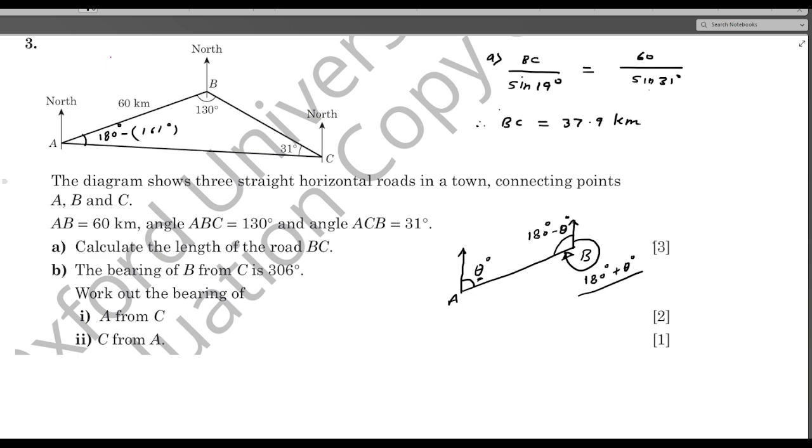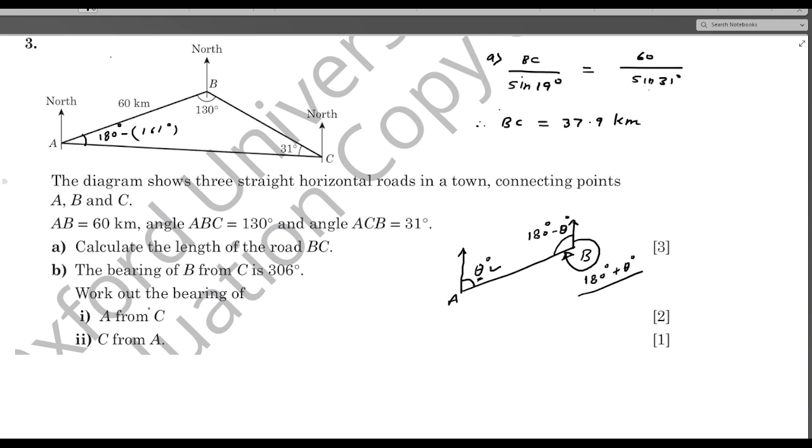This is your reflex angle, right? So one angle is of the format 180 plus theta, and the other angle is theta. If you are getting this angle, you have to add 180 and you will get the bearing of the other point, and if you are getting this angle, you have to subtract 180.